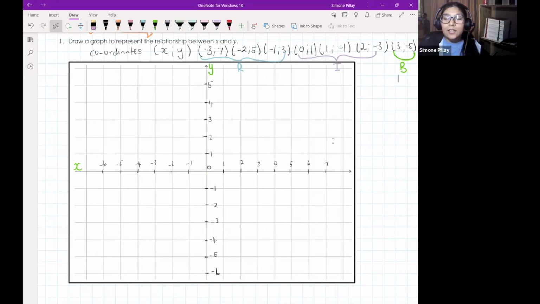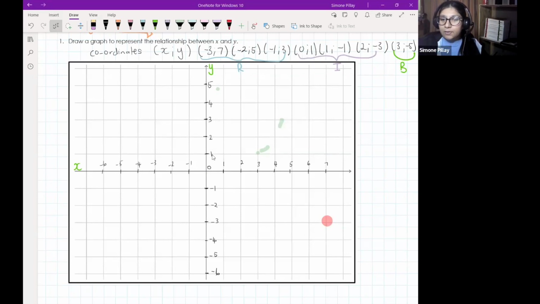Okay, Rory-san. So remember, you guys, the first number is going to be your x value. So Rory-san, for your first one, you're going to go to -3 on your x-axis, and then you're going to go to 7 on the y-axis. And where those two lines meet, that's where your point is going to be.